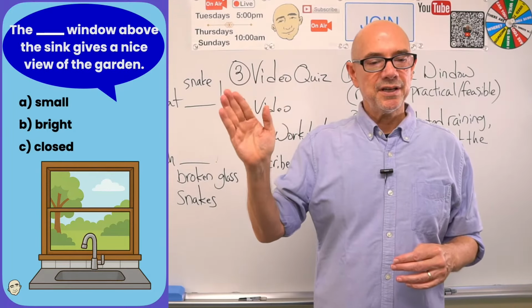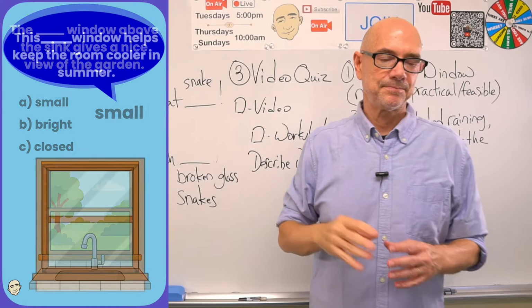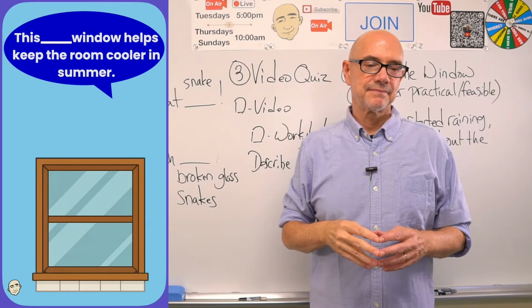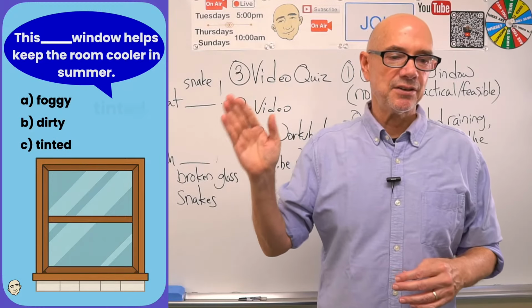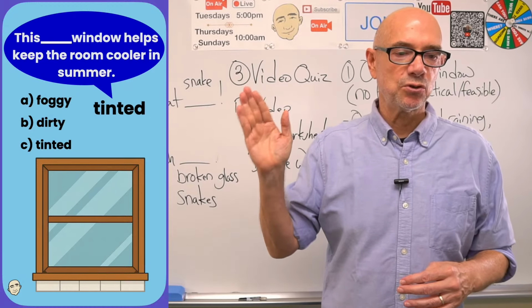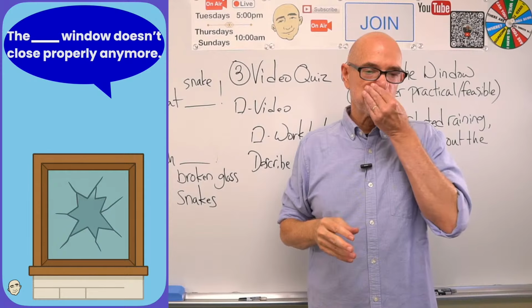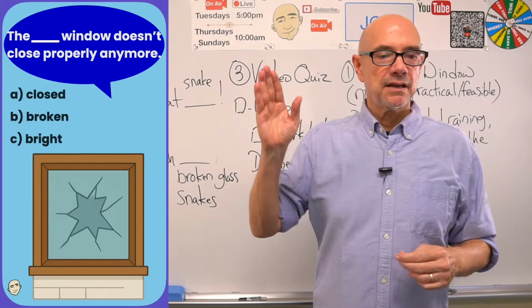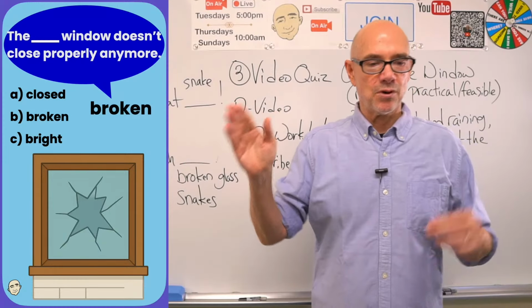The small window above the sink gives a nice view of the garden. The tinted window helps keep the room cooler in summer. The broken window doesn't close properly anymore.